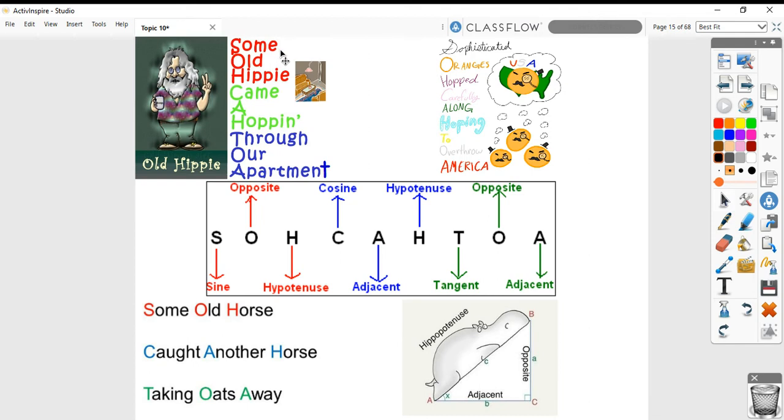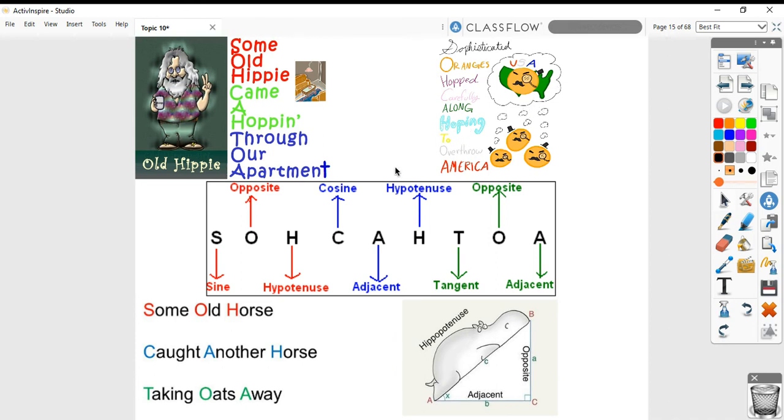Like this: some old hippie came a hopping through our apartment. Some old horse caught another horse taking oats away. This one is fun: sophisticated oranges hopped carefully along, hoping to overthrow America. I love that. You can just imagine fancy oranges with top hats and monocles in charge of everything in the United States. I think that's kind of funny.